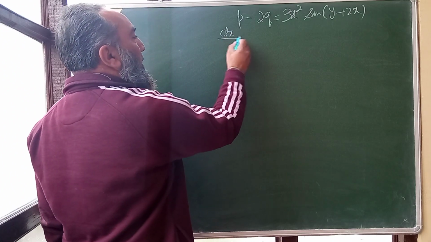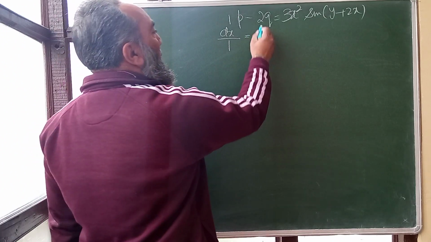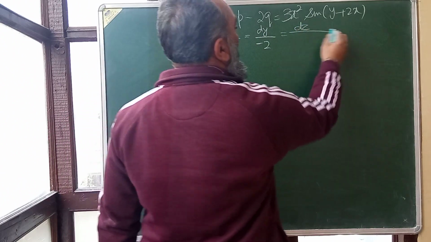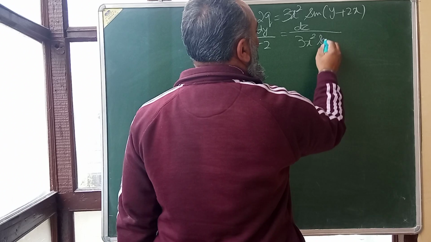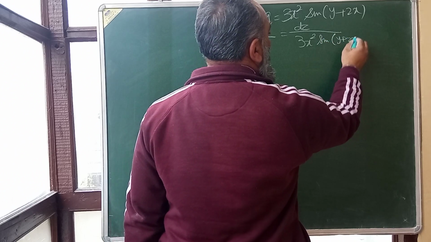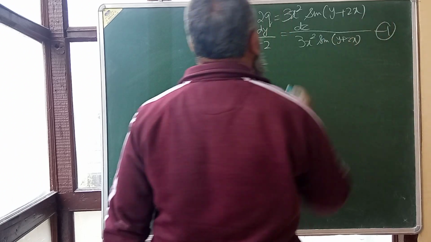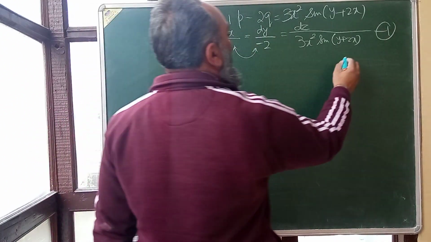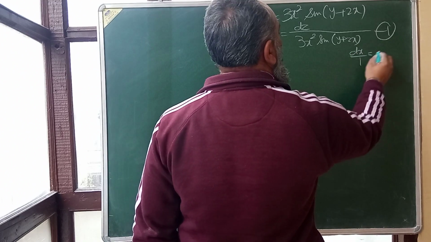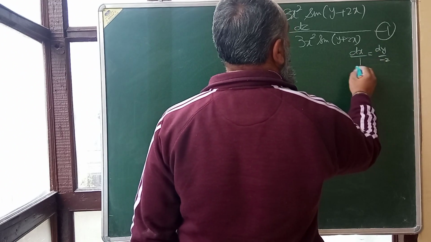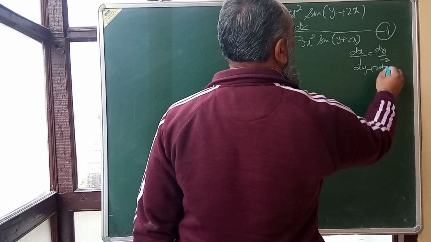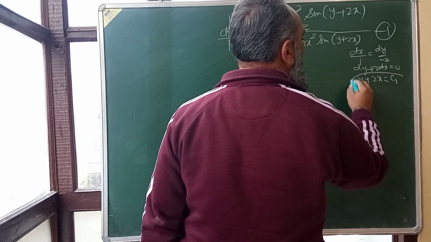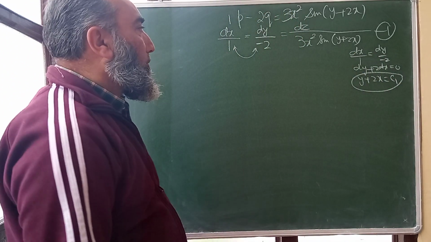Lagrange's auxiliary equations are dx by p is 1, dy by q is minus 2, and dz by r is 3x square sine of y plus 2x. Taking the first two fractions together, we get dx by 1, dy by minus 2, or dy plus 2 dx equals 0, or y plus 2x equals c1. This is the first solution.